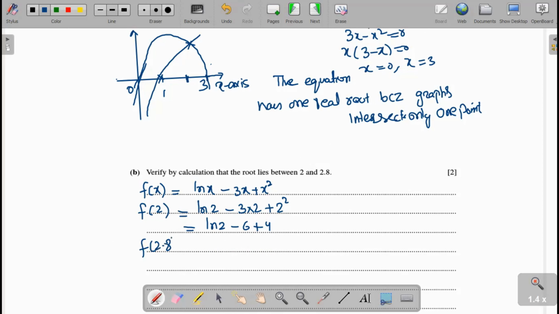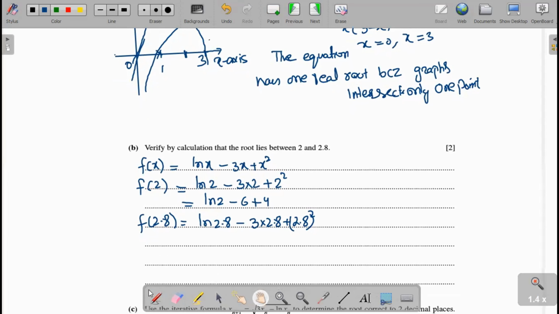f of 2.8 is equal to ln 2.8 minus 3 into 2.8 plus 2.8 whole squared. Now after finding these values, we see what the values of f of 2 and f of 2.8 will be.